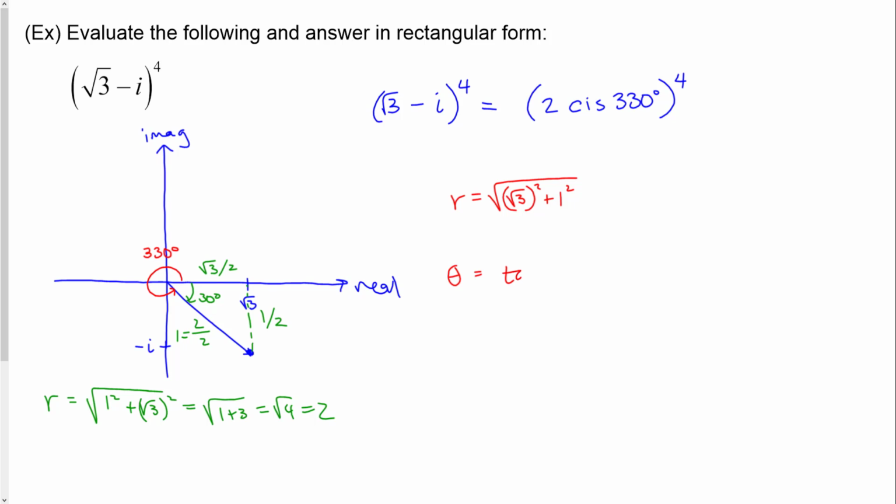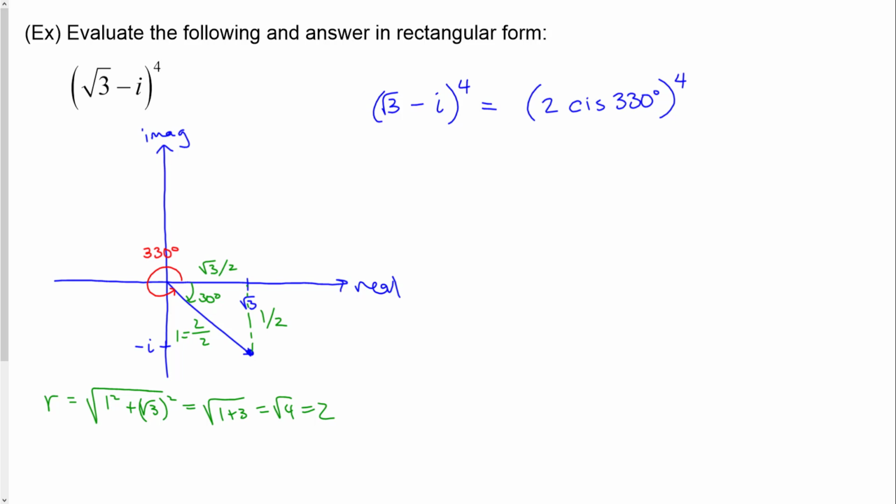Theta is the arctangent of y over x, so negative 1 over square root of 3. And if you know what angle measure that results in, or if you have your unit circle handy, you can get the angle measure that way. I just tend to be better at learning procedures than memorizing facts. So either way you end up at this point, no matter how you get there.